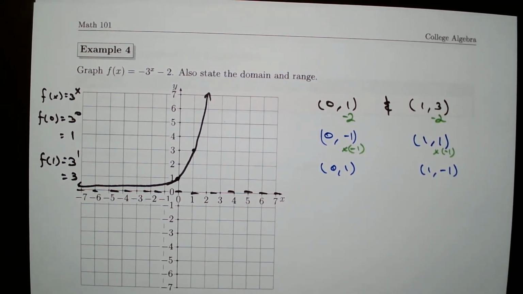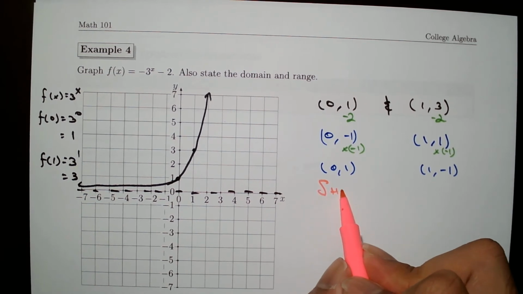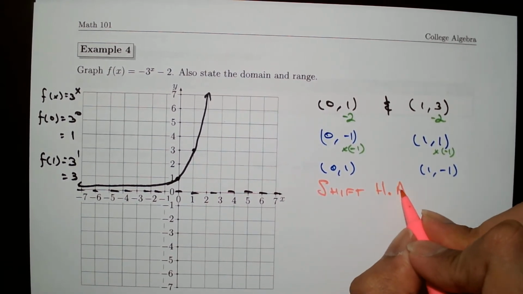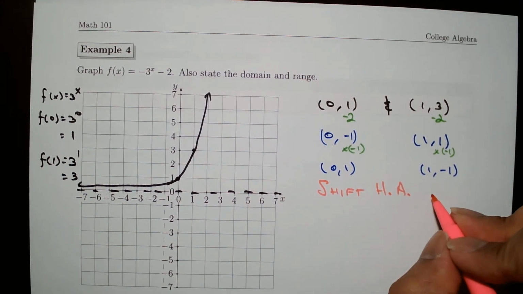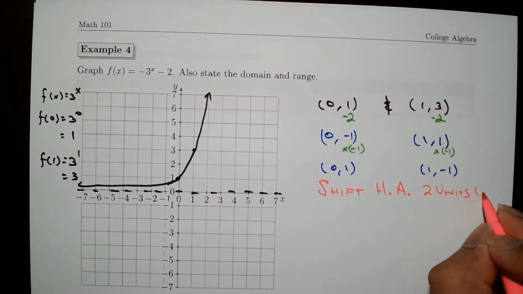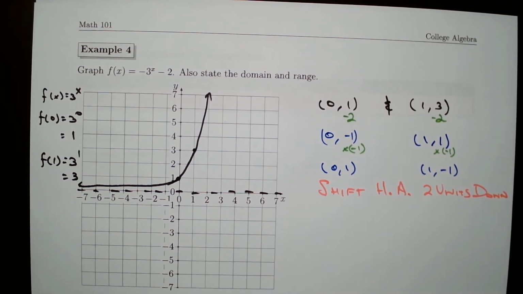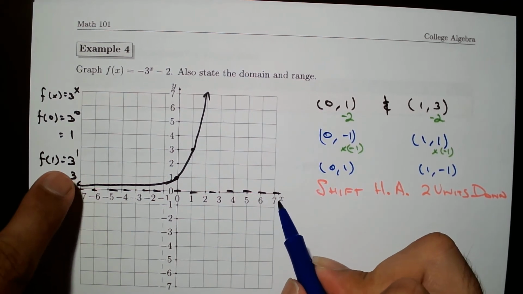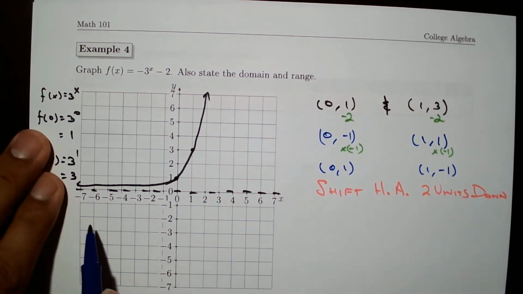Also, we need to shift the horizontal asymptote 2 units down. So that's the first thing I will do: I will drag this dashed line 2 units down.